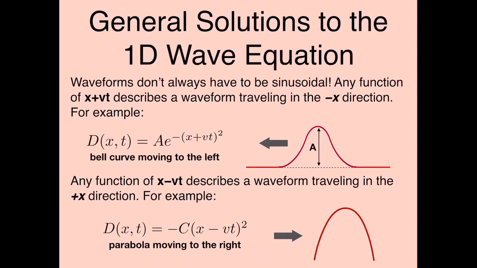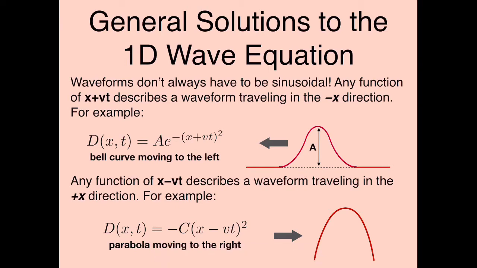But because we have x plus vt in that function, we know that that's describing a wave traveling in the minus x direction. So again, the function itself tells us that we're dealing with a bell curve shape, and because we have x plus vt appearing in the function, that's telling us that this waveform is moving to the left in the minus x direction at some speed v, okay?